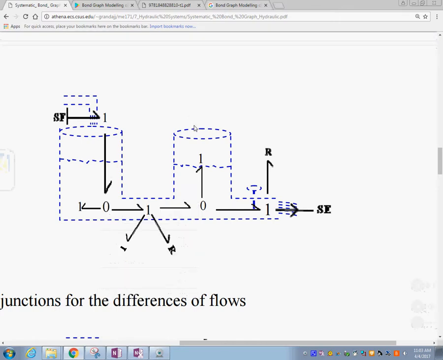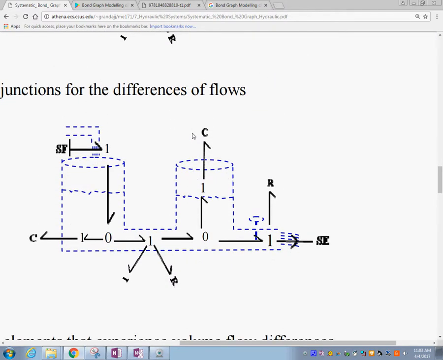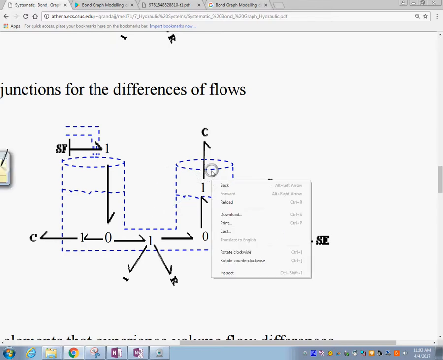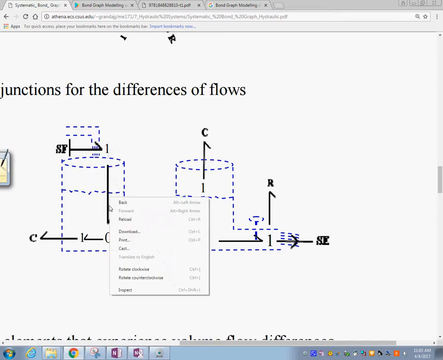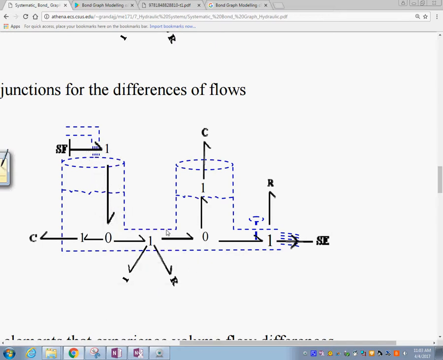And then we have to complete the elements that see those differences. When you complete those elements, you see this in here, and then we have this in here, and we have a discharge in here.